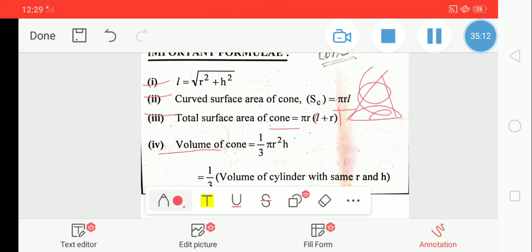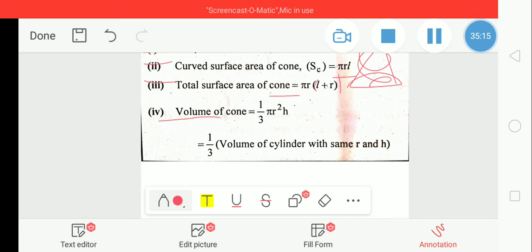In volume of cone, that is 1/3, means 1 by 3 pi r square multiplied by h, means one third of the volume of cylinder with radius r and height h.